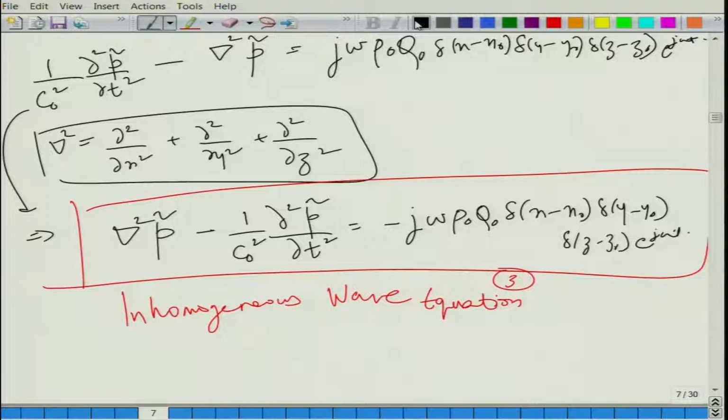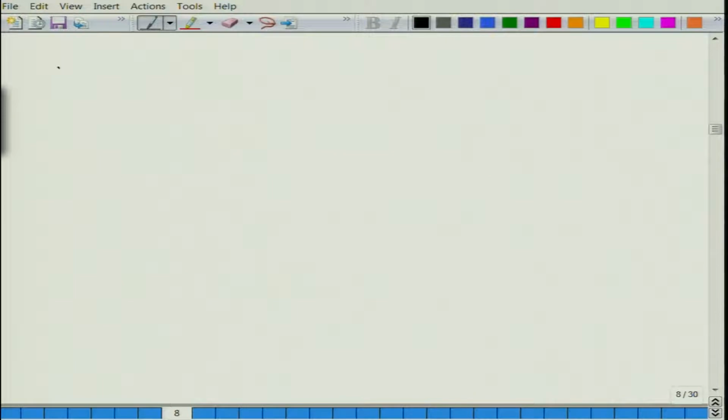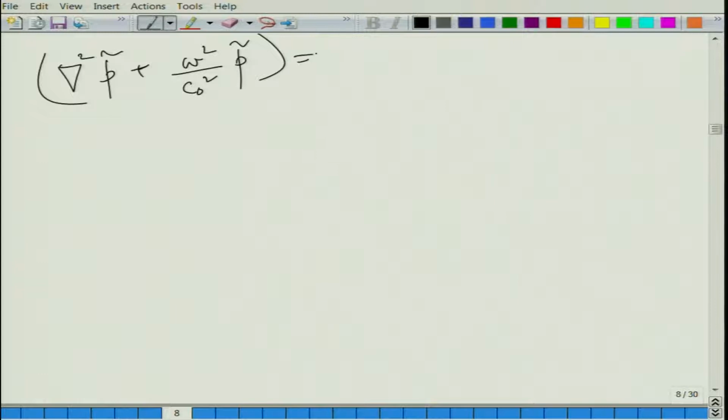Now, if we assume that this is time harmonic, okay, so you will get your, and e j omega t is taken out, we get this sort of a thing.